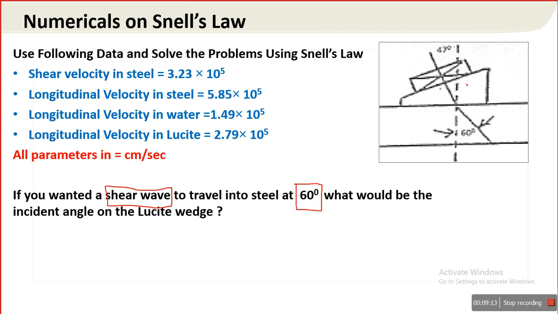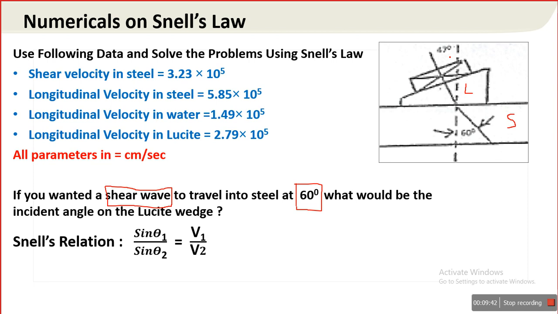So this is lucite and this is steel. The given is that the refracted shear wave in steel is at a 60 degree angle, and we need to calculate the incidence angle.